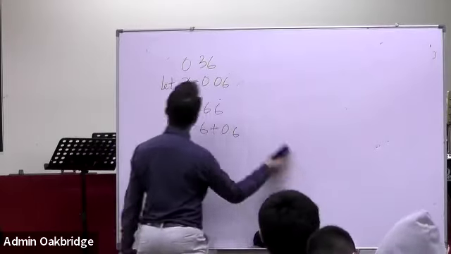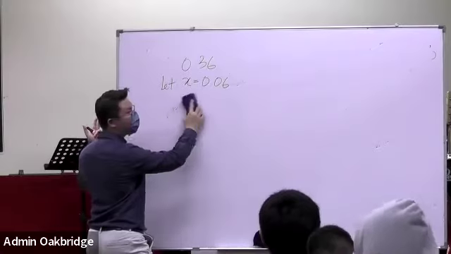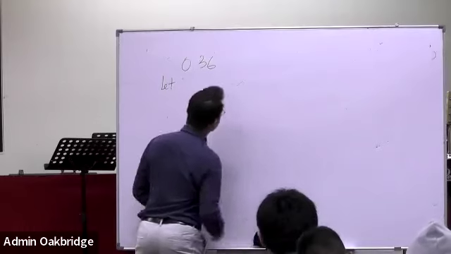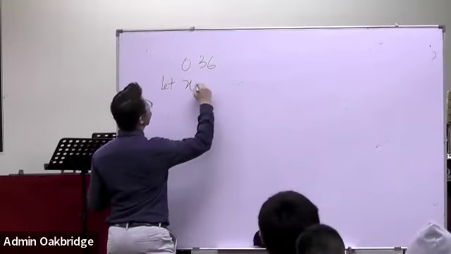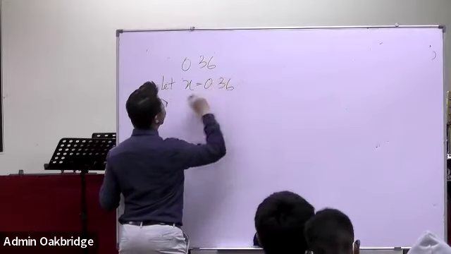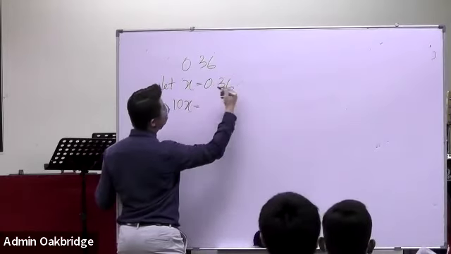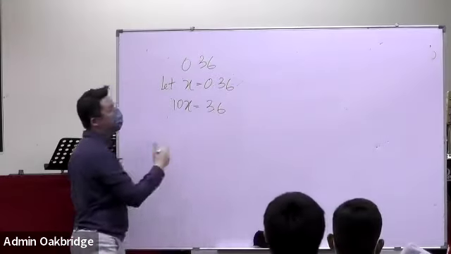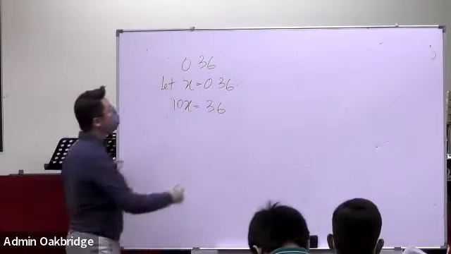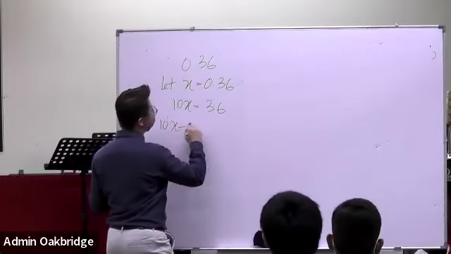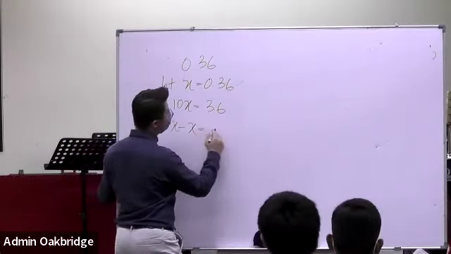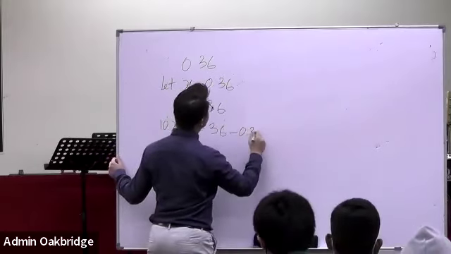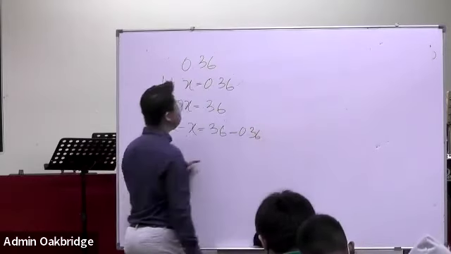You have to minus x on both sides. I need to include this step here. So minus x is 0.3666, right? For this part, you can simplify it.